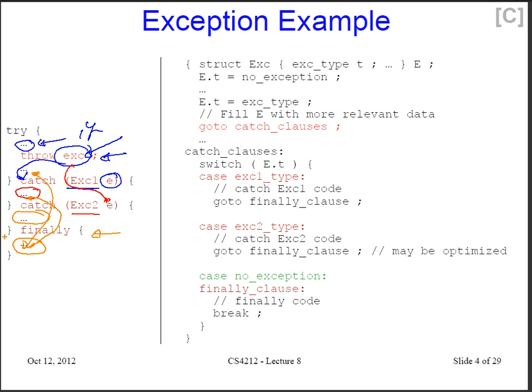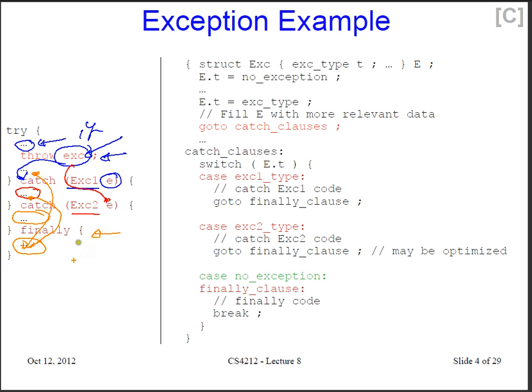So finally is a clause that executes no matter what, and it's very useful to have this kind of clause, because this will ensure that certain operations, like saving a file, unlocking a lock, deallocating memory or destroying some objects, will be performed no matter what, right? We won't leave behind open files or locked locks that might lead to deadlock or something like that.